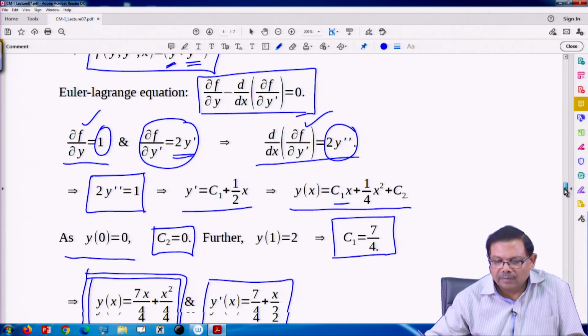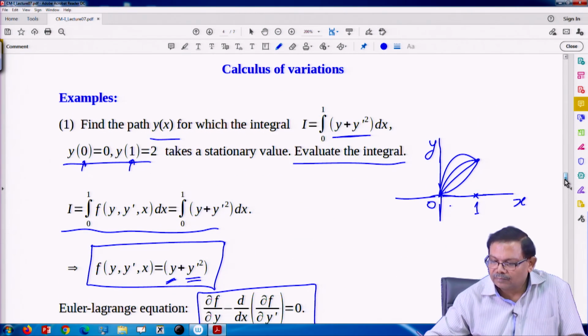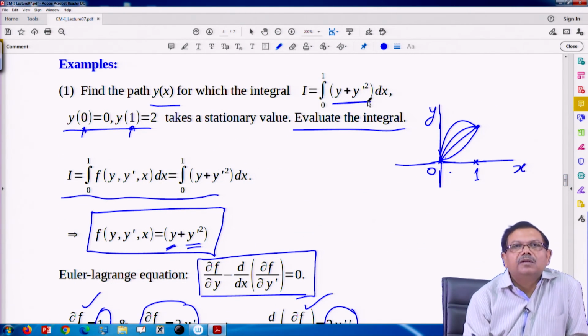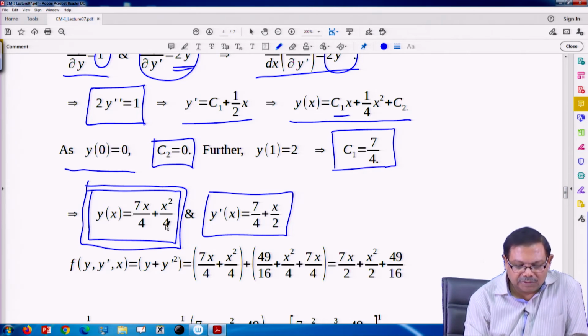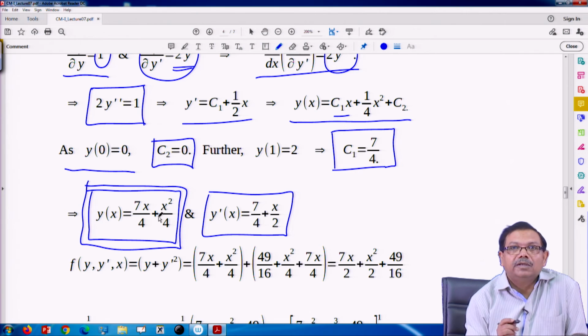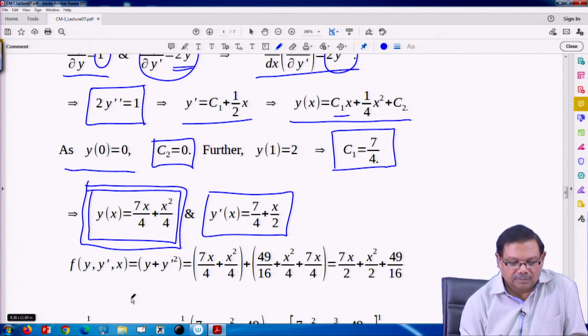The integral, the first part of the problem, will have a stationary value if y of x has this form. This is also a parabolic curve, it depends on x square, you see. So, if I choose this curve, then only that integral, which is a functional, will take a stationary value once we have integrated between the 2 given points.